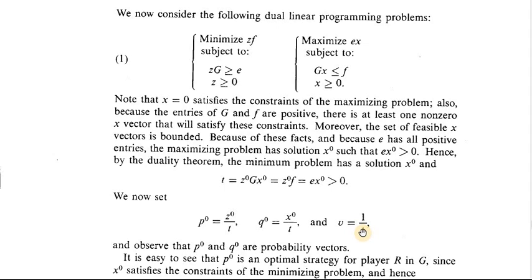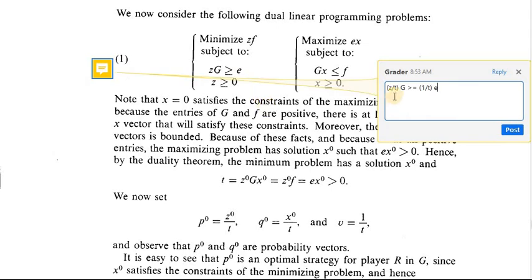How do you see that? Well, take this condition here and divide both sides by T. Then we get Z over T times G is greater than or equal to E over T. I've typed it out here so you can see it. I just took this inequality and divided both sides by T. Now, what does this show me?